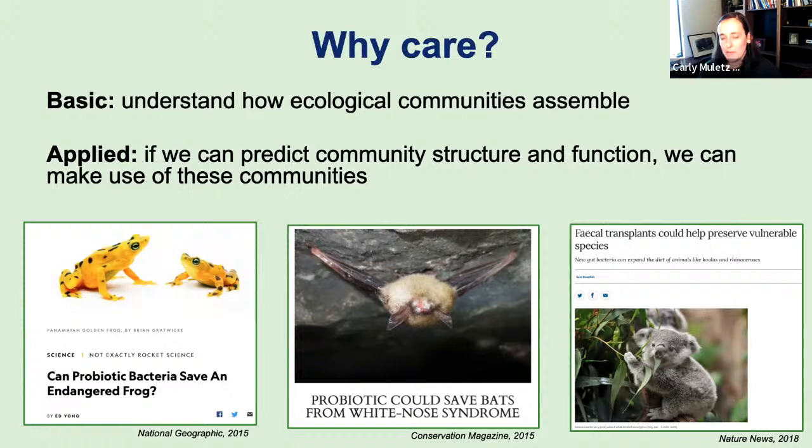This has shown up in popular media, with some of these articles asking if probiotic bacteria could save an endangered frog, or could they save bats from white nose syndrome? But since working at the Smithsonian National Zoo and Conservation Biology Institute, I've also started to expand into asking other applied questions, such as, can we use fecal transplants to improve the health of endangered animals in our care?